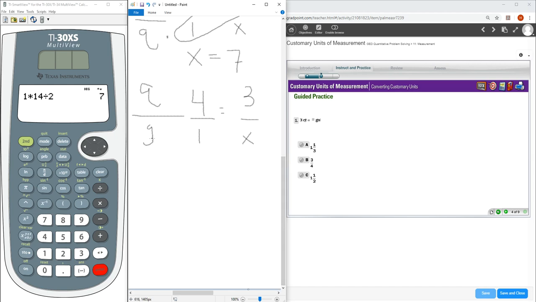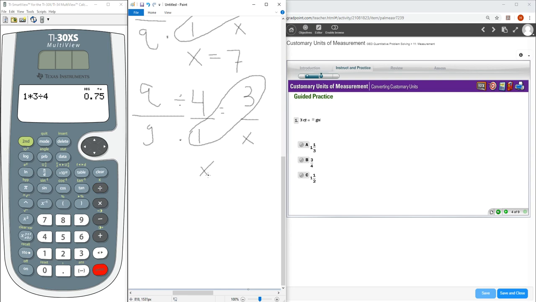4 quarts equals 1 gallon. 3 quarts equals how many gallons, or X gallons. And here we go. In an X pattern, 1 and 3 with a multiplication dot. And 4 and X doesn't work, so we divide by that. Over to our calculator: 1 times 3, divide by 4, 0.75.